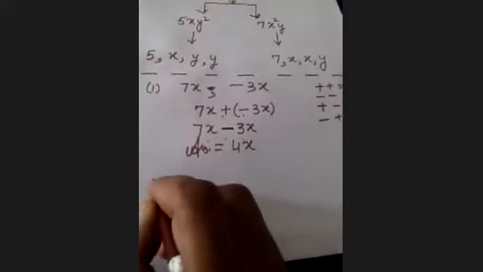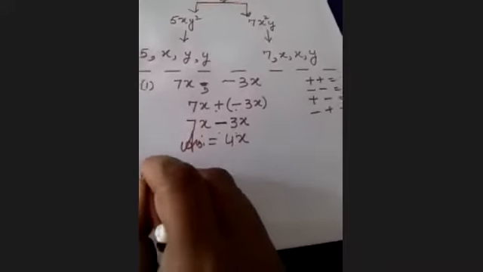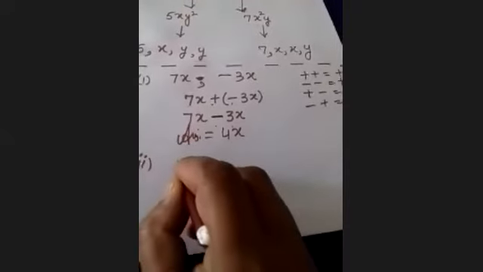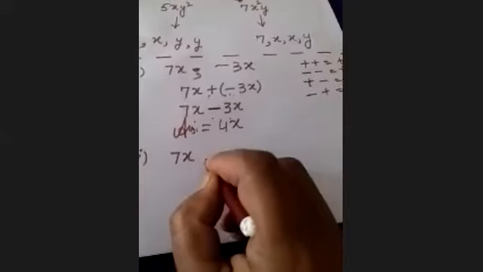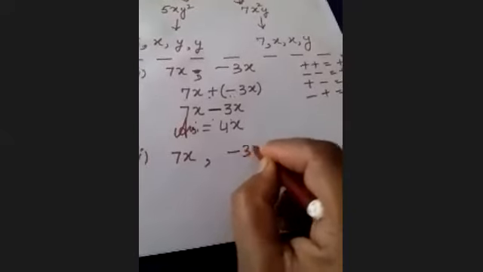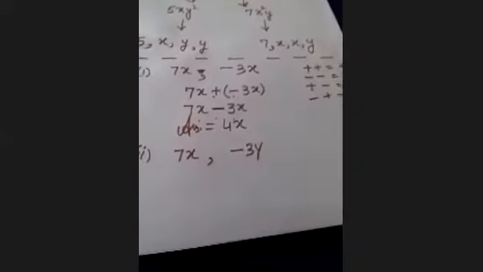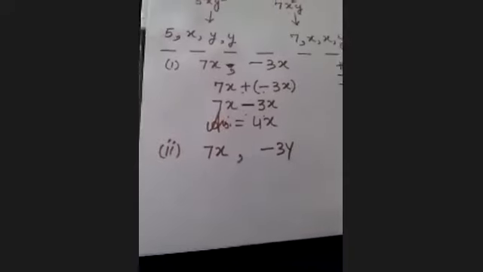Second is when we add unlike terms. For example, we have 7x and second is minus 3y. Now add these unlike terms.